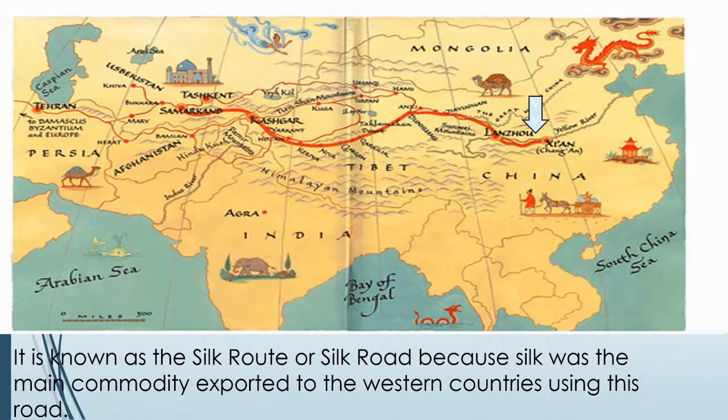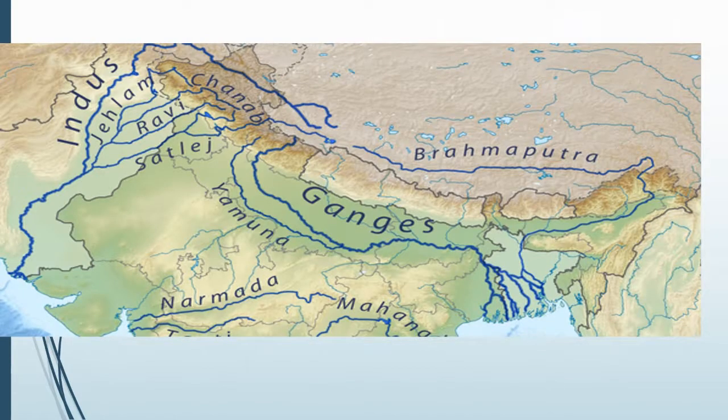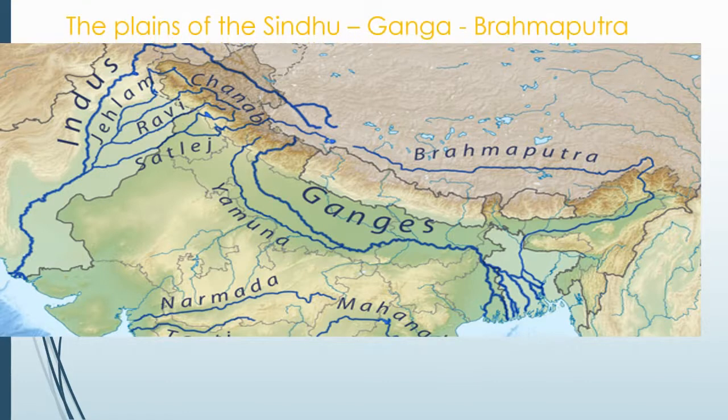The next feature is the plains of the Sindhu, Ganga and Brahmaputra rivers. These regions consist of the basins of the 3 big rivers, the Sindhu, Ganga and Brahmaputra, and their tributaries, the small rivers. Sindhu is also known as Indus.